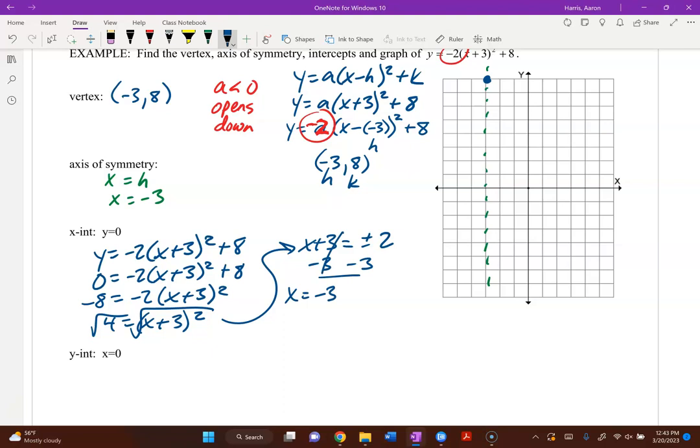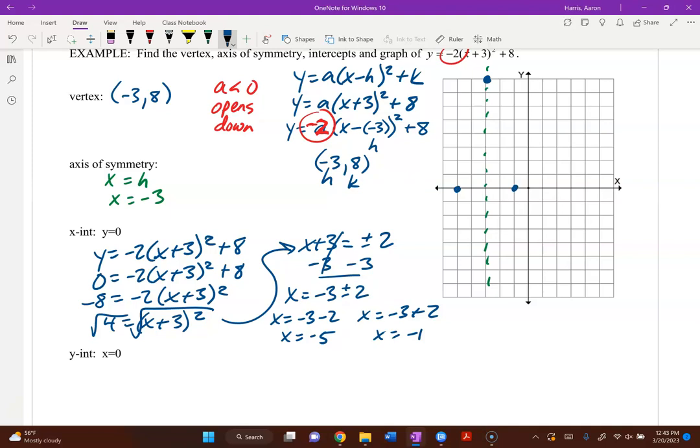So I got -3 plus or minus 2. So I got -5 and -1. Those are where my x-intercepts are, right? So -5 and -1 is where I hit, right?